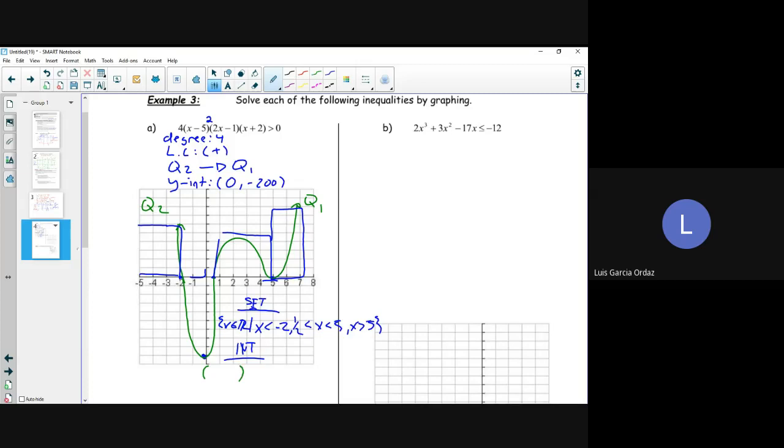Negative infinity to -2, in union with, what else? 1/2 and 5, which is also in union with, what's the last condition? 5 to infinity.